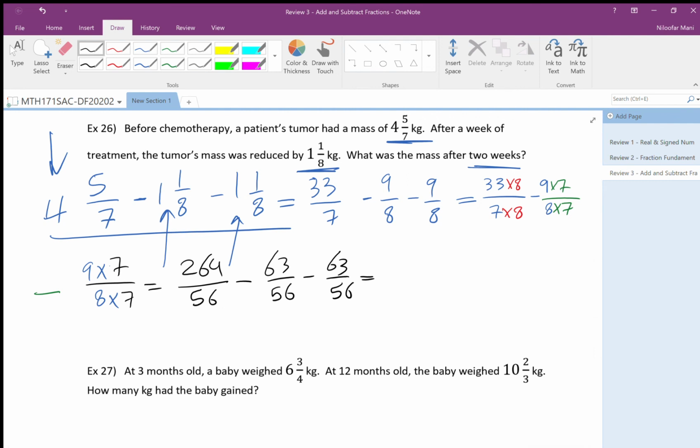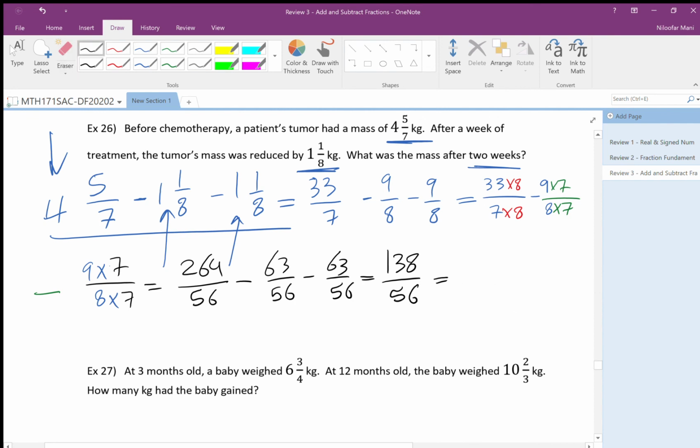So it's 138 over 56. From the beginning, I could simplify by 2 and 2.